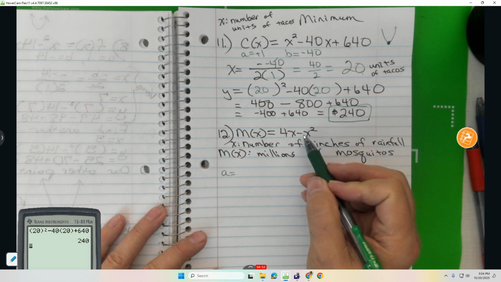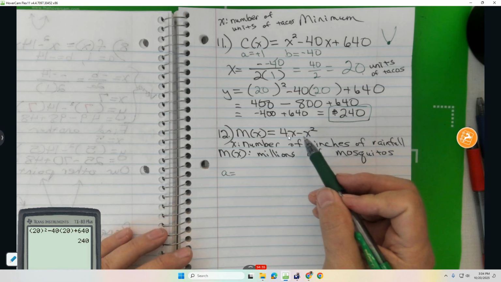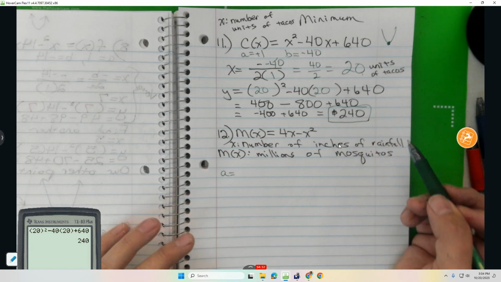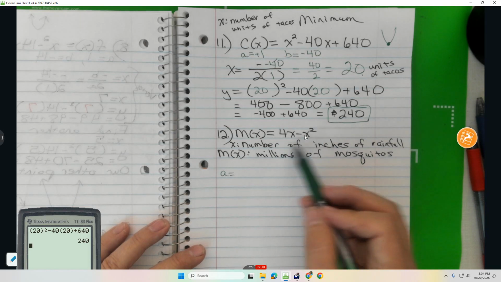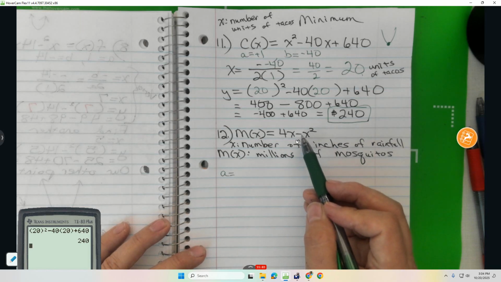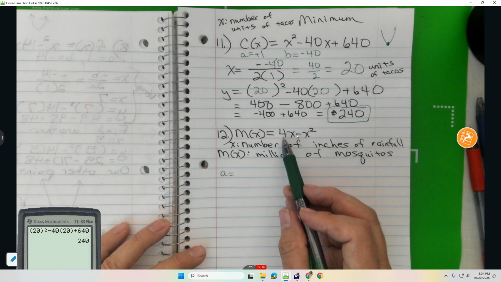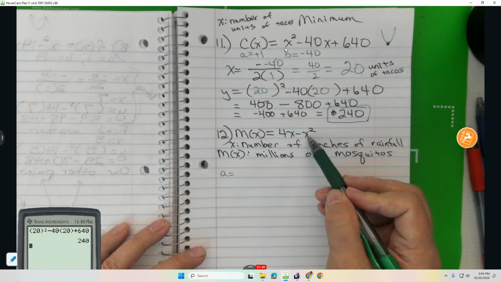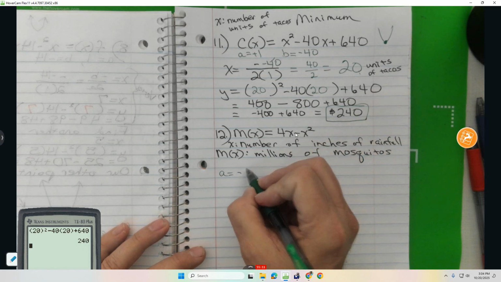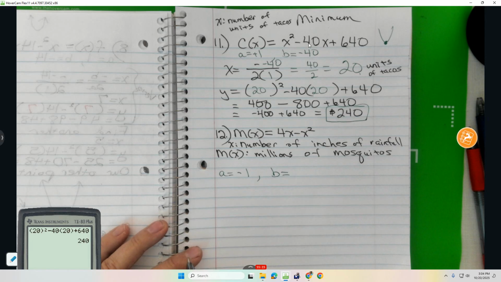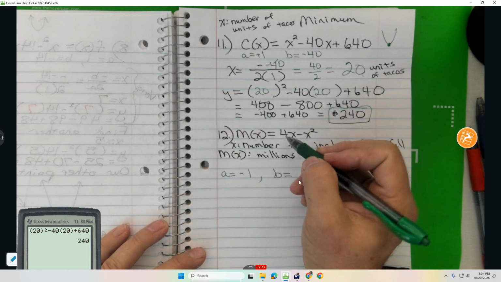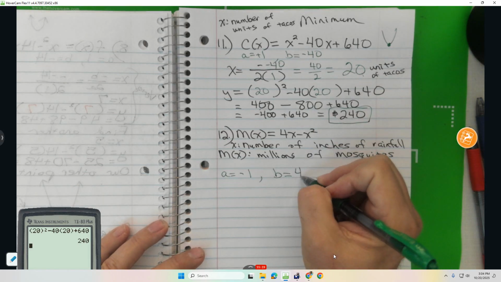We could rewrite this as negative x squared plus 4x, but it's easier to plug it in using this format, so I'm going to leave it like that. But realize the a value isn't the number in front of the first letter you see. It's the number in front of x squared, which is a -1. With that in mind, what's b? That number in front of x, that's a +4.